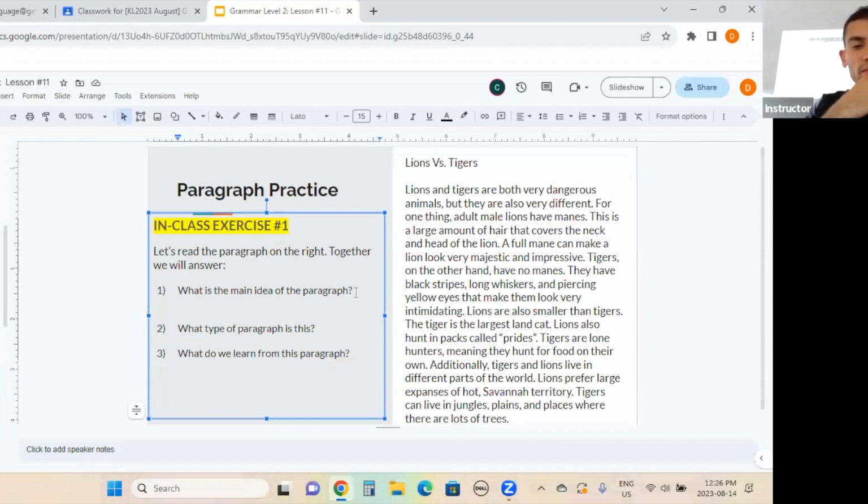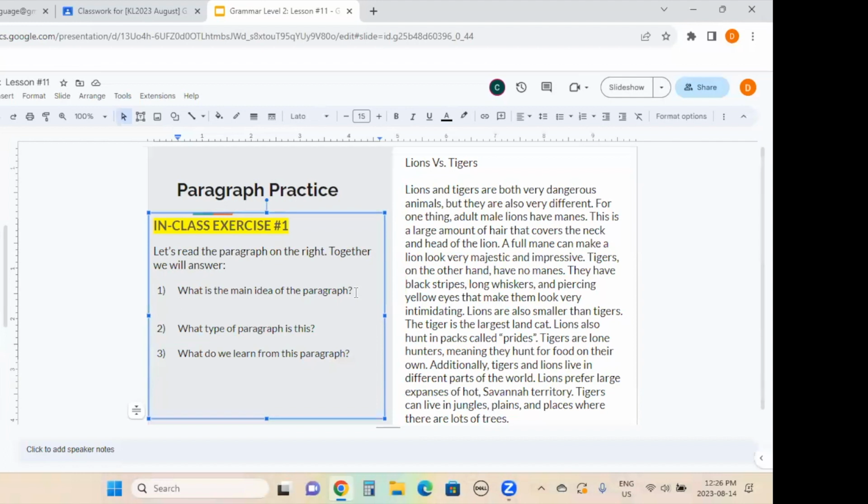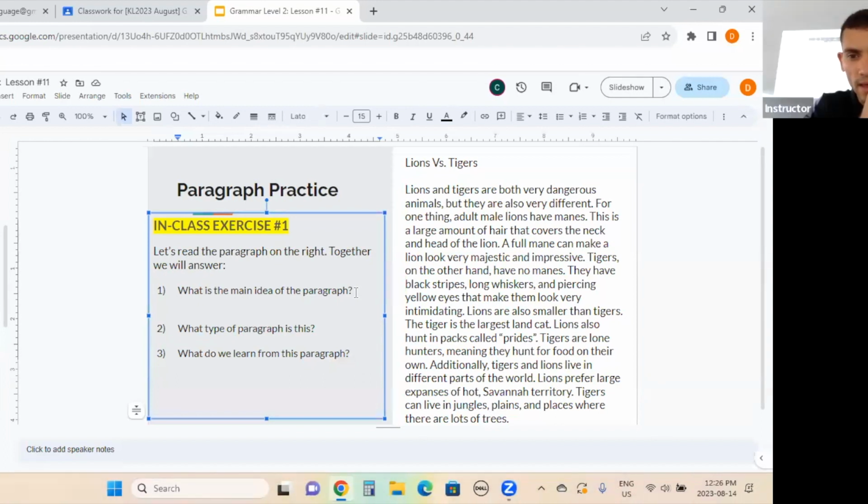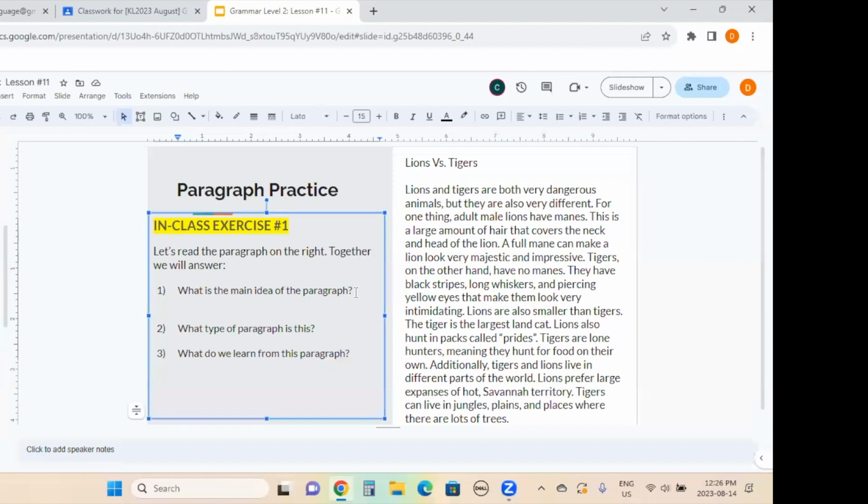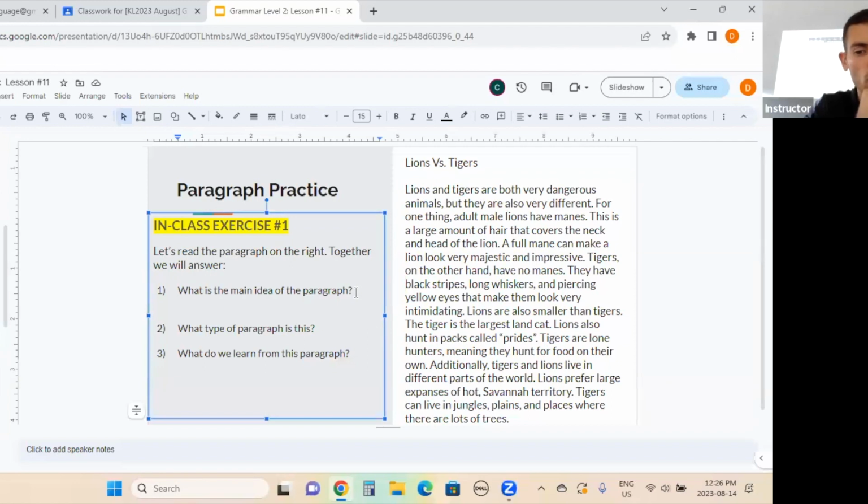What do you mean fighting? The lion and tiger are fighting. Okay. Does it say in the paragraph that they're fighting each other? No. Yeah, it talks about what makes them different, but not who would win in a fight. So try and get a little bit more specific here with what this paragraph is about.